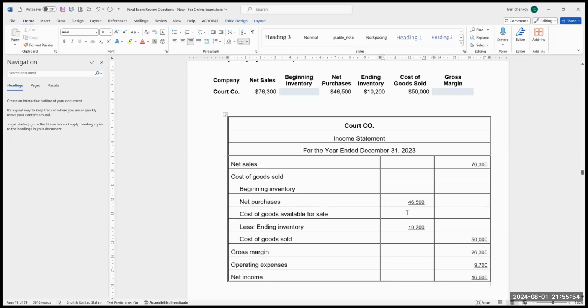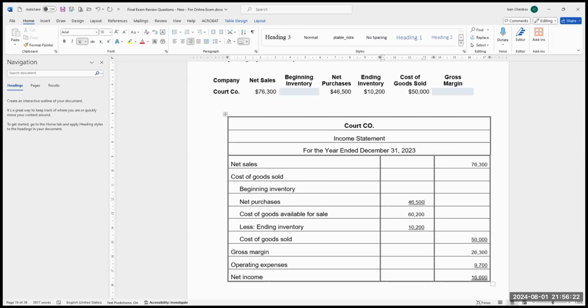Now you have to work backwards to get the beginning inventory. What do we know? We know that the cost of goods sold is equal to the cost available for sale minus the ending inventory. If something minus this one is going to give you 50,000, what's the number here? Obviously the number here will be 60,200.